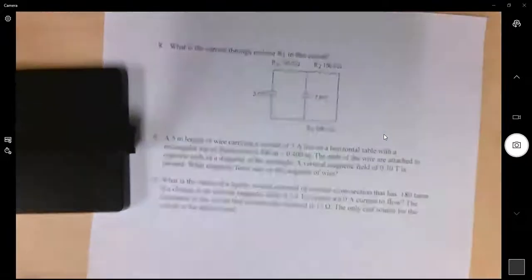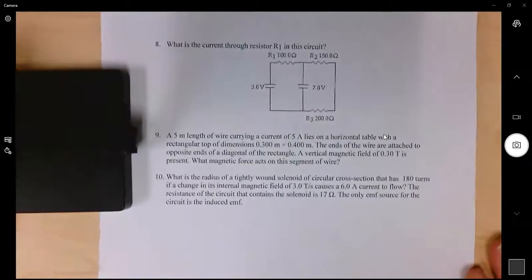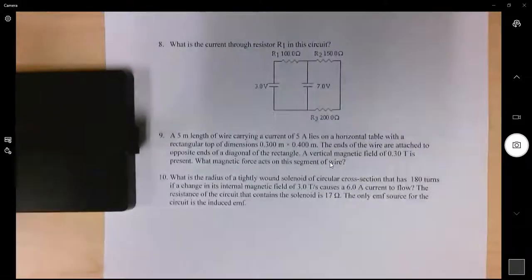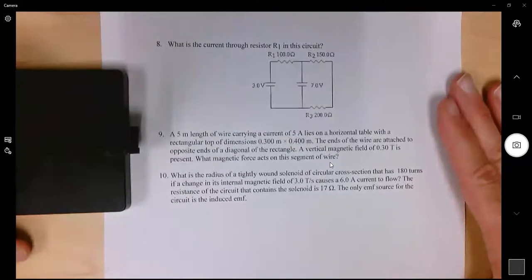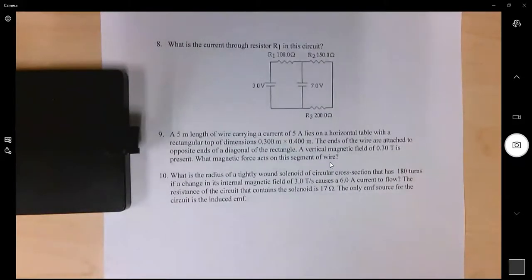Okay, let's go on to the last problem. This is the only problem from chapter 25. We have a tightly wound solenoid, circular cross-section. It has 180 turns, and it has a change in the internal magnetic field of 3 Teslas per second, and that causes 6 amps of current to flow.